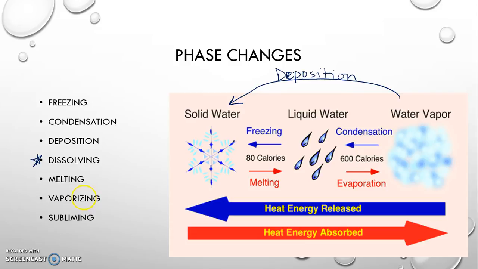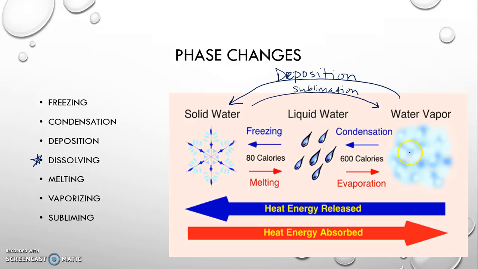Vaporizing would be the same thing as evaporation, where it goes from a liquid to a gas. Vaporizing is when it happens with extreme heat, and evaporation is when it happens with low heat and just kind of happens on its own. And then sublimation is where it's going from a solid to a gas. Hopefully you already knew this, but we're just reviewing.